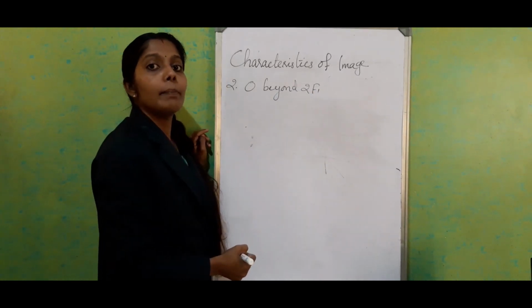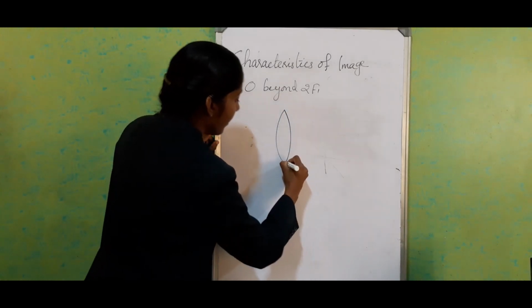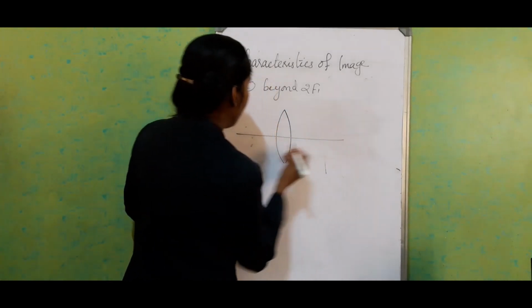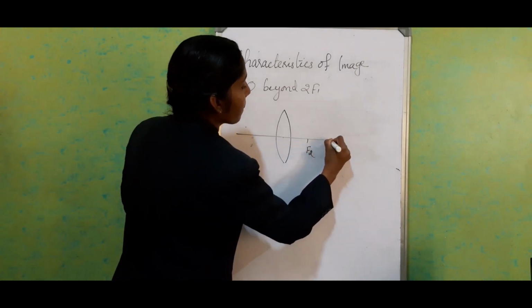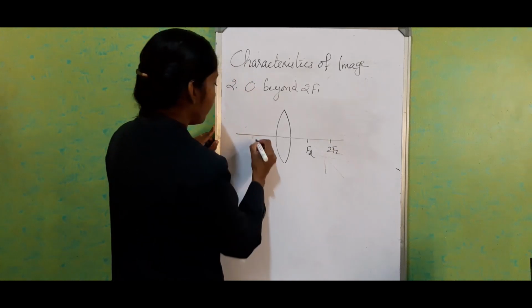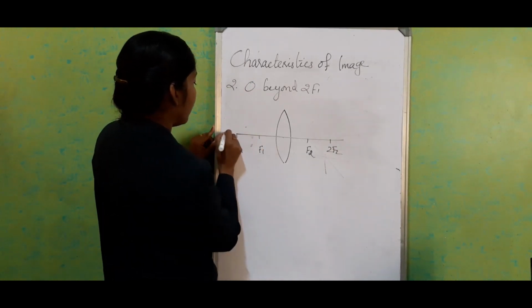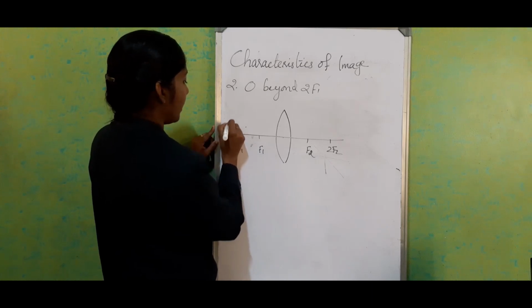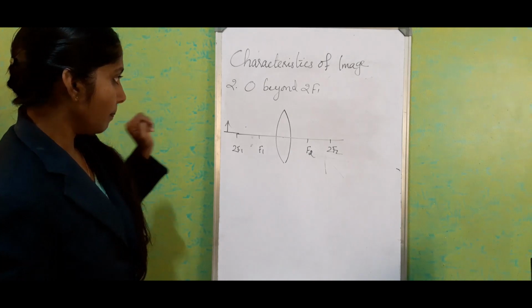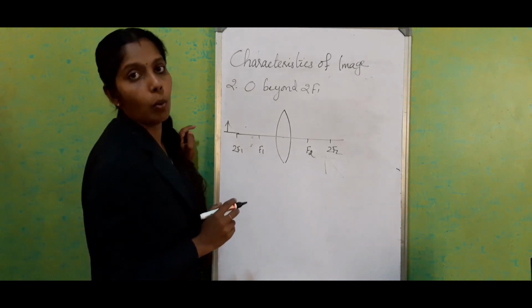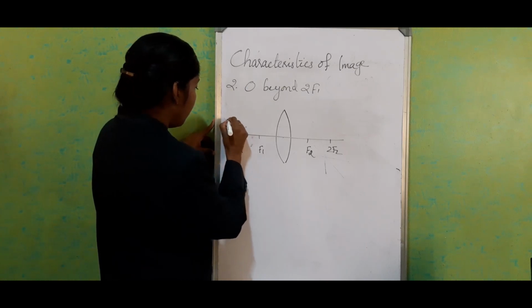Here we have the optic center, F2, 2F2, F1 and 2F1, and here we have the object beyond 2F1. Here I'll make it a little bit bigger.